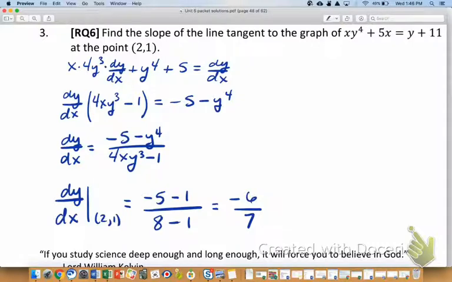Wait, is negative 5 minus 1 the same thing as 5 fourths plus 5? Say again? Maybe not. I just did it differently. You lost your 1, that's the problem. So when you factored out your dy dx, there's 2 terms here.